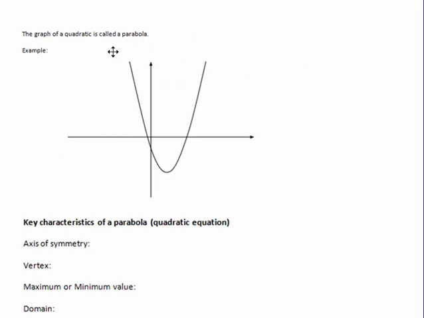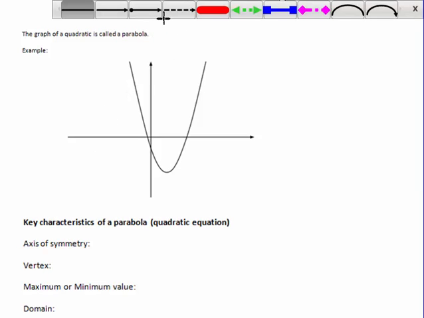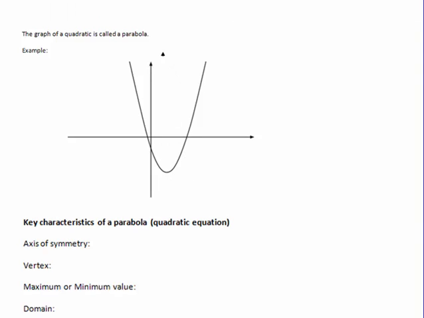Now, the graph of a quadratic, this shape, is called a parabola, which I'm sure we're all fairly familiar with. And the first thing we want to discuss is the axis of symmetry. So the axis of symmetry is a line that goes right down the middle, and it would basically be the line in which if you folded the parabola over, it would be symmetric about this dotted line.